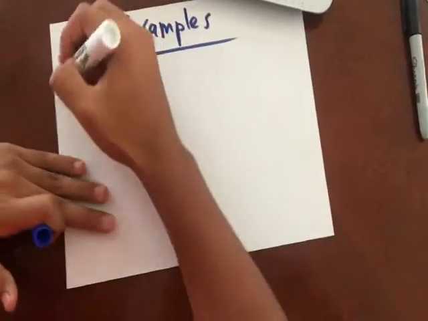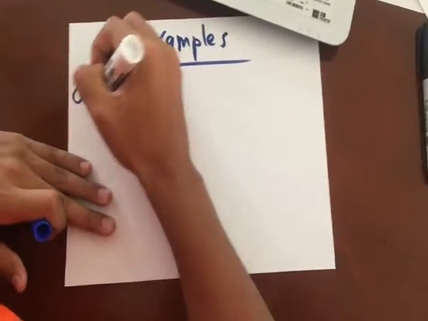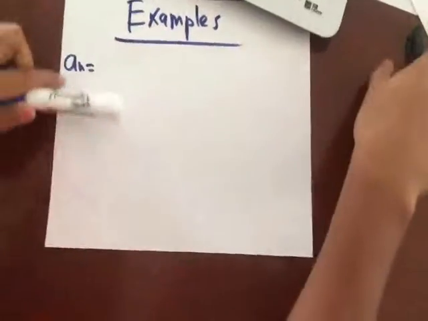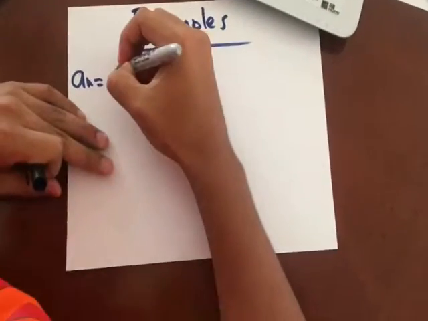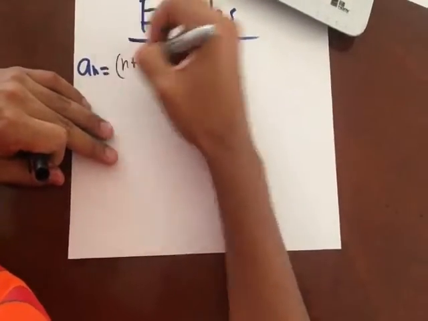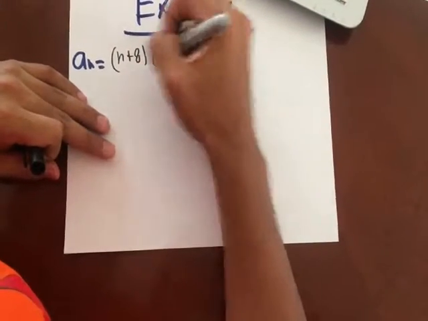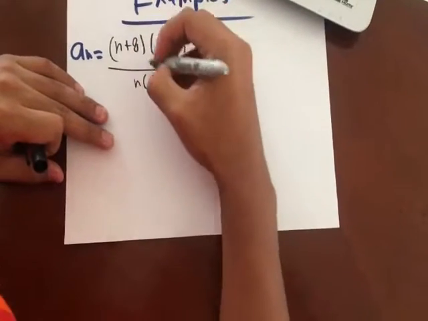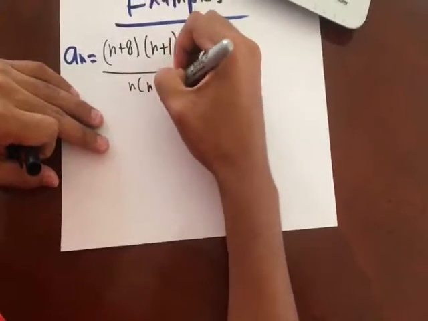Okay, so now we're going to see some examples of sequences, and whether they diverge or converge. The first sequence, a_n, is the following: n plus 1 over n times n minus 10.